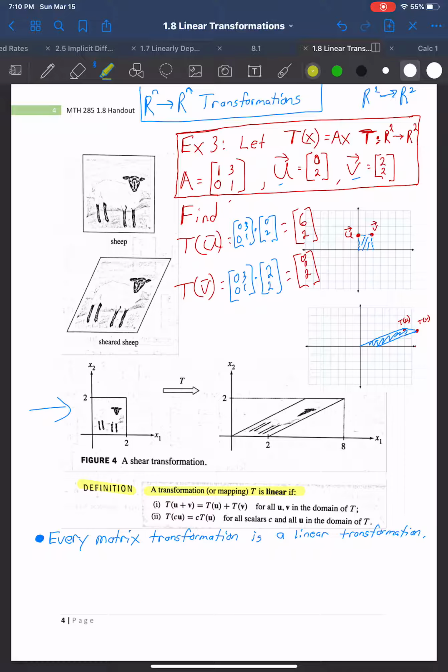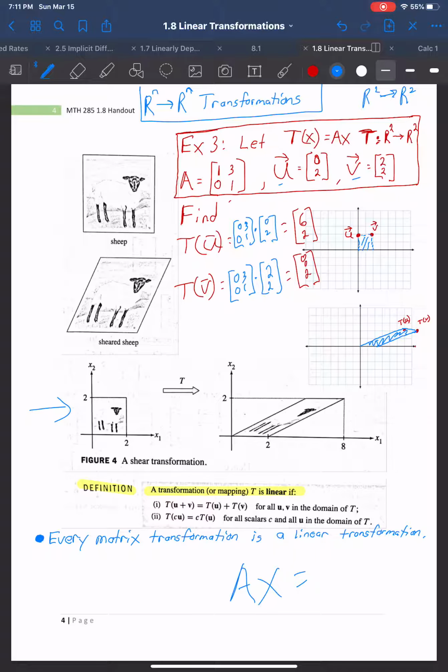And c means some scalar: T of cu is equal to c times T of u. I'll make that come alive in just a second. But in reality, if you can remember this, every matrix transformation, every time you do Ax equals, every matrix transformation is a linear transformation.